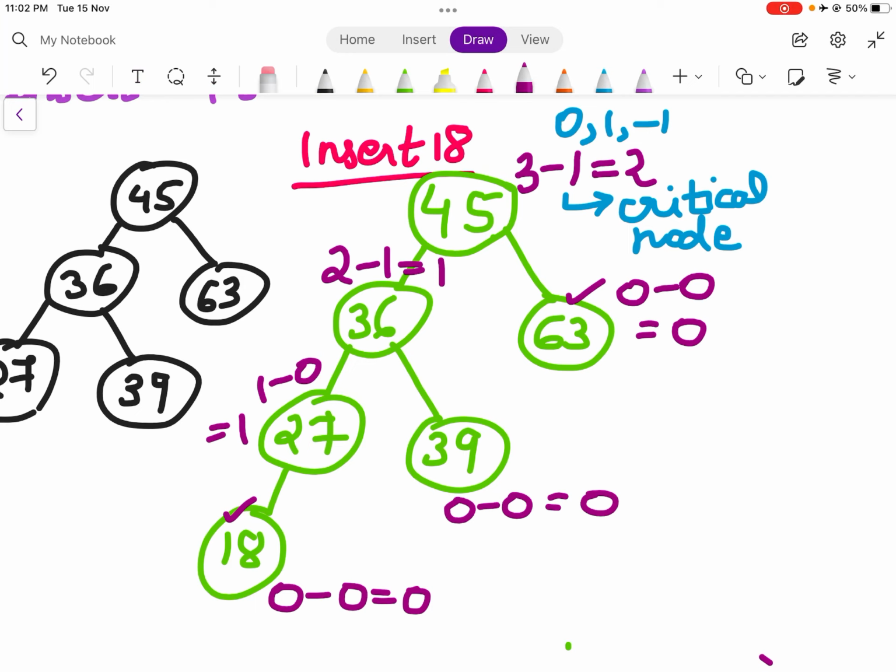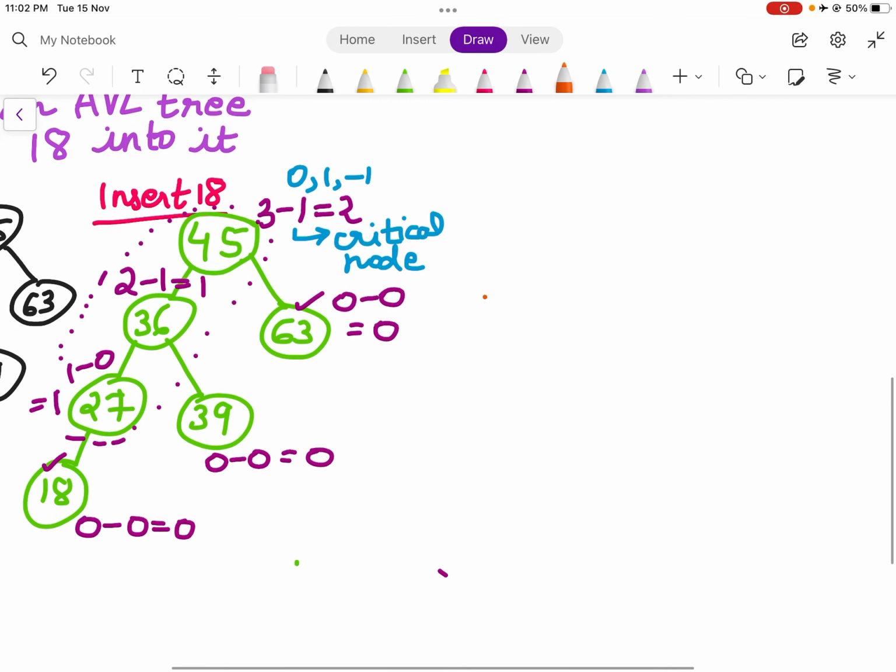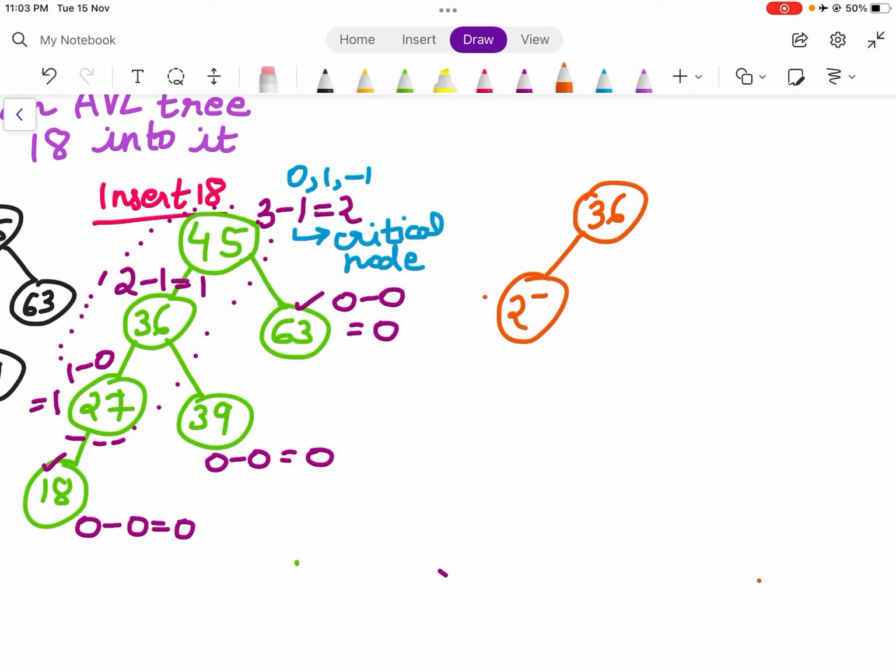How will I perform the rotation? I will perform the left-left rotation. In the rotation, what will happen? My 36 will come up. To the left of 36 you will have 27, because I will only take this into consideration.